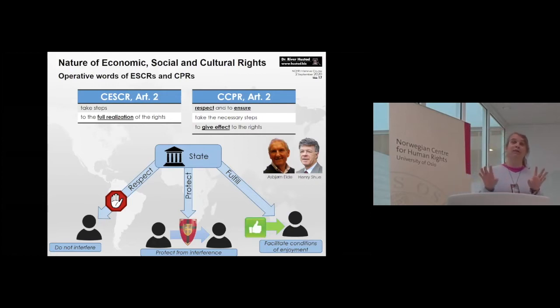And so full realization is respect, protect, and fulfill human rights. And just because the Covenant on Civil and Political Rights also names two of those, respect and protect, or respect and ensure, then that doesn't mean that those don't also exist in the Covenant on Economic, Social, and Cultural Rights. That covenant requires full realization, all three.